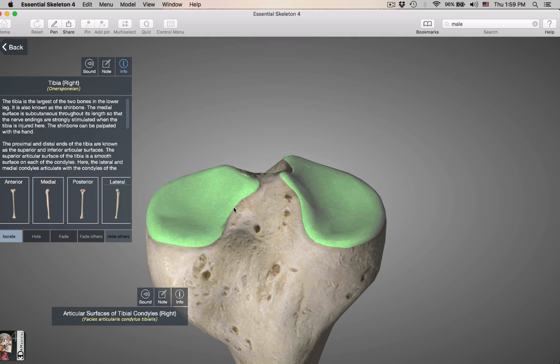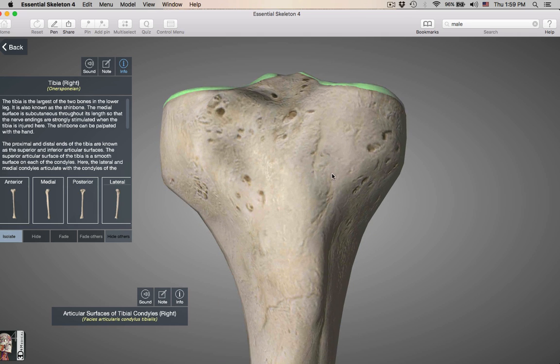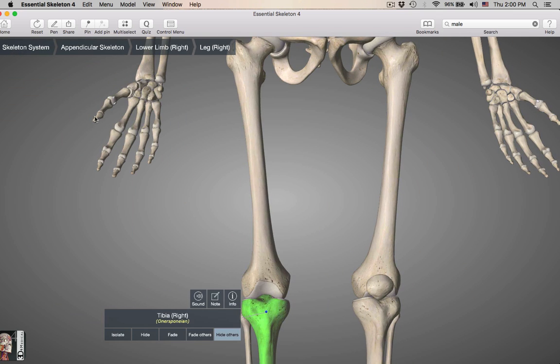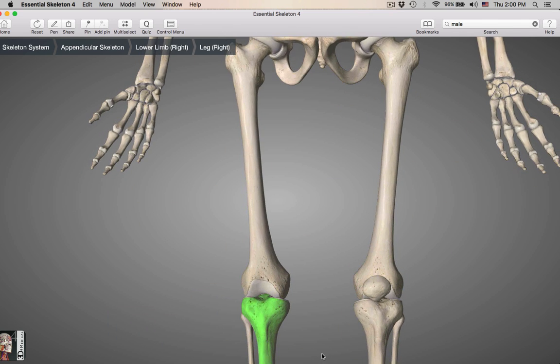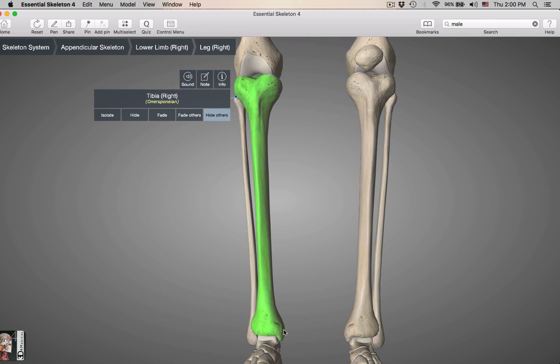What else do we need to do on the tibia? Make sure I got everything. Up close, here's your tibial tuberosity up front. And down here we have the medial malleolus.